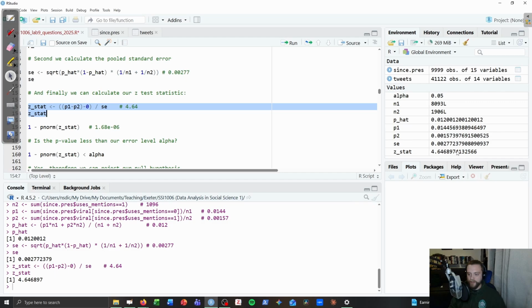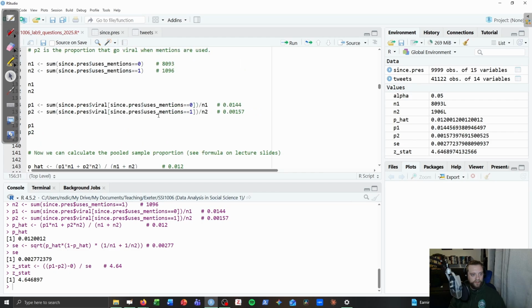Now, if we remember, a z-score of 4.64 means 4.64 standard deviations above the mean. So that's quite a long way above the mean. So we're probably going to get a low p-value from a z statistic that high. And if we want to check that, we just have to feed our z statistic into p-norm.